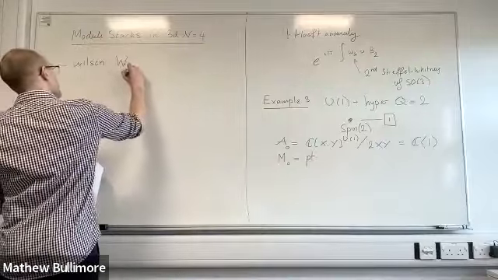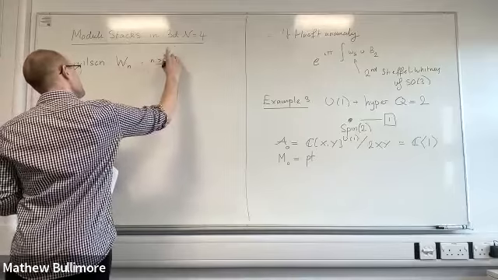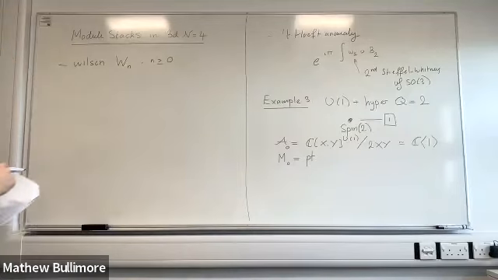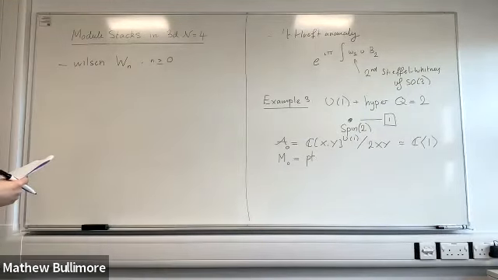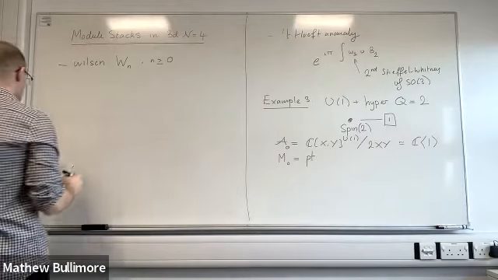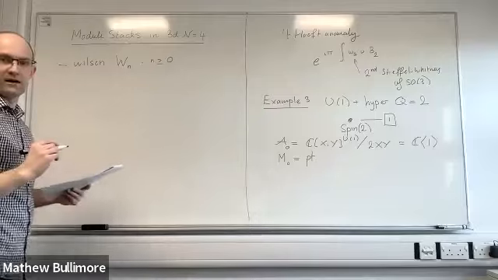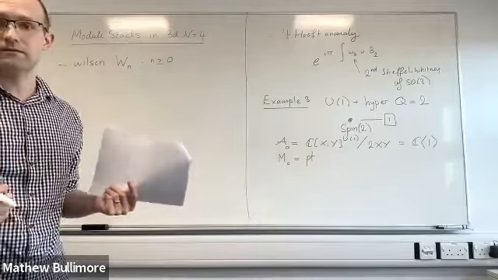Let's call them Wn, and let's look at the Wilson lines where the charge is not negative. Here n is the charge of the Wilson line. So what happens now? Well, we get a new phenomenon. We get line defects that just can't end at all.